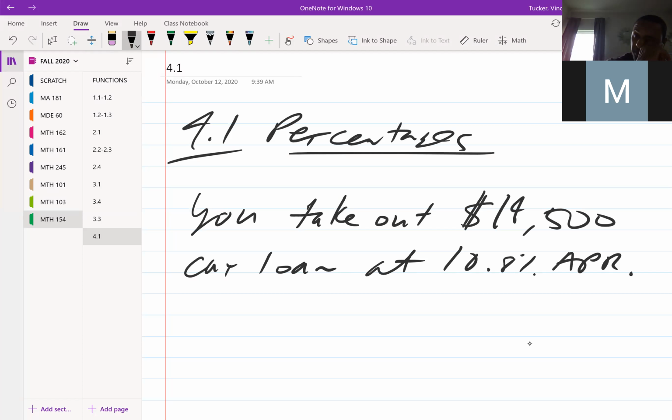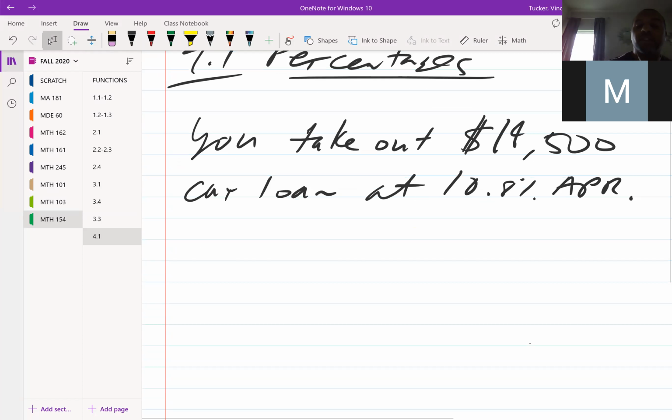So we're going to look at taking out a $14,500 car loan at 10.8% annual percentage rate. So APR, annual percentage rate.